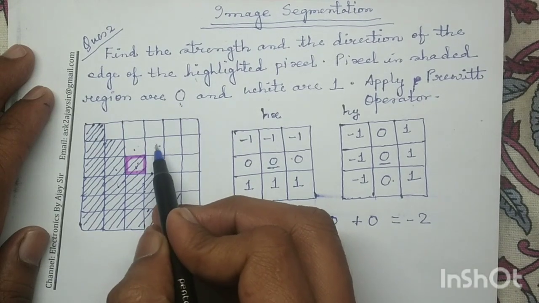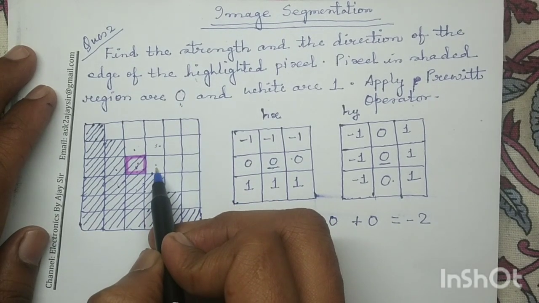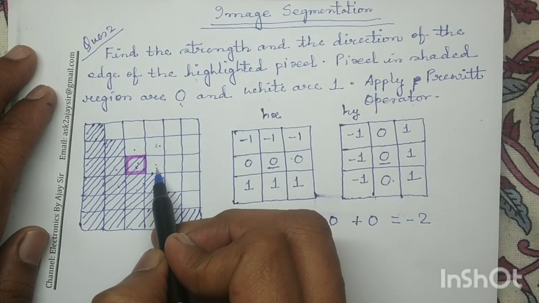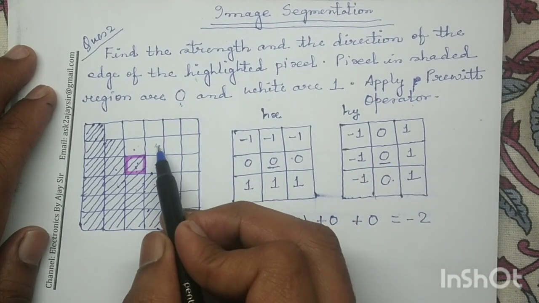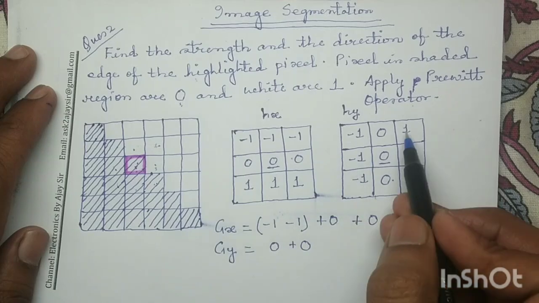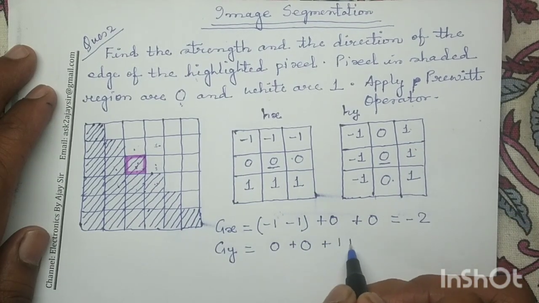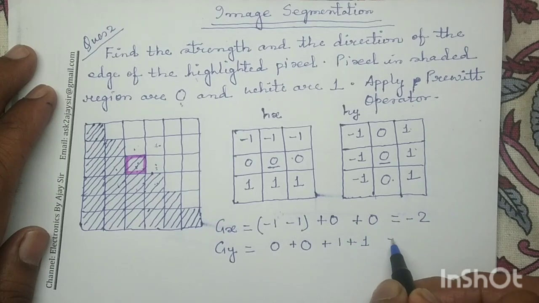In the third column only these two are white pixels and this one is shaded. For white pixels we consider the value 1, so only these two are multiplied with the filter coefficients 1 and 1. So my result becomes 1 plus 1, that is equal to 2.